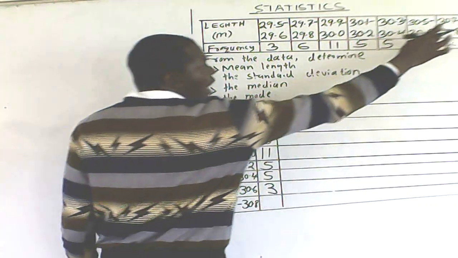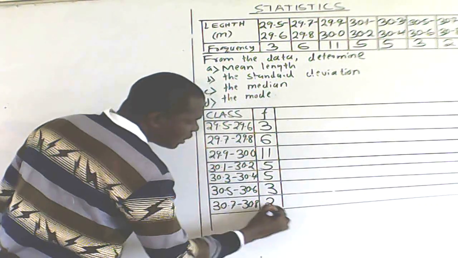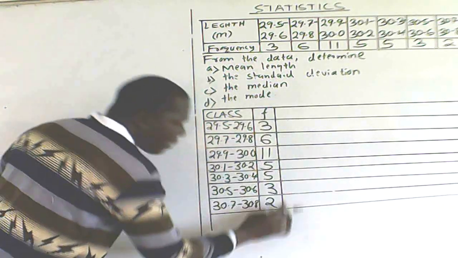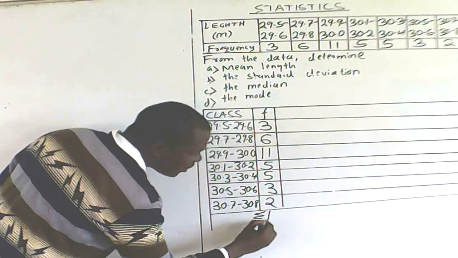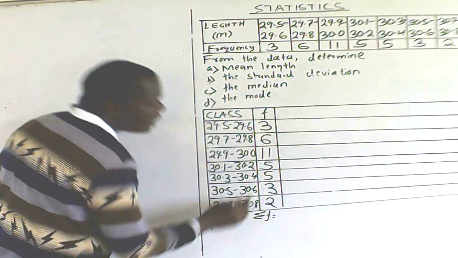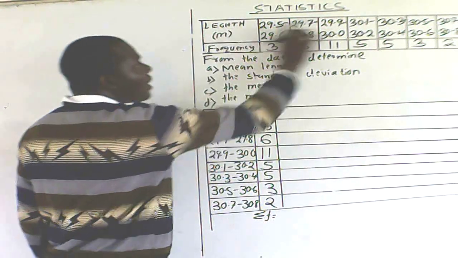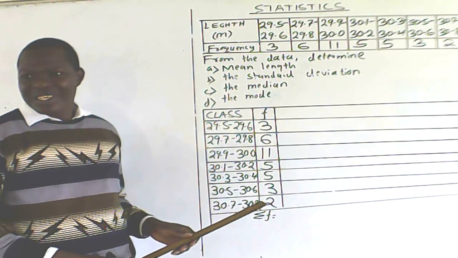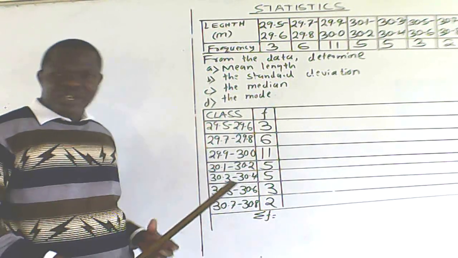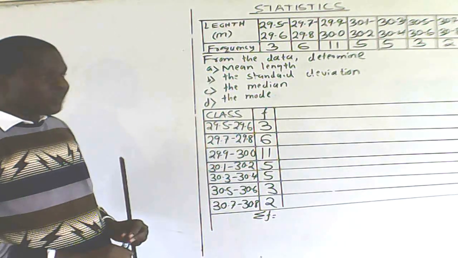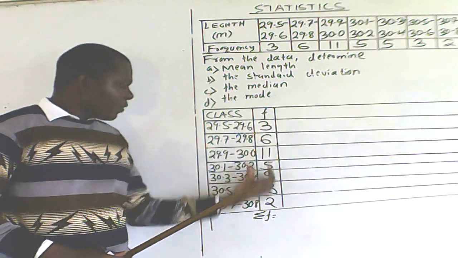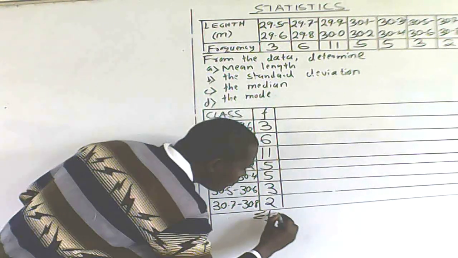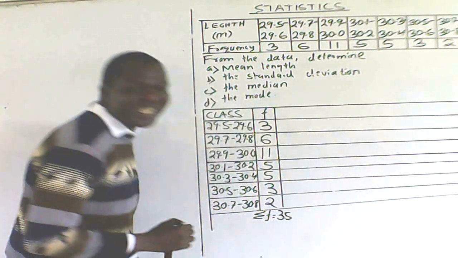And in this last class, 2. When you sum up all the frequencies, you get the total number of metallic conduits whose lengths were measured. If you add up all the frequencies, you get 35. So there were 35 metallic conduits.